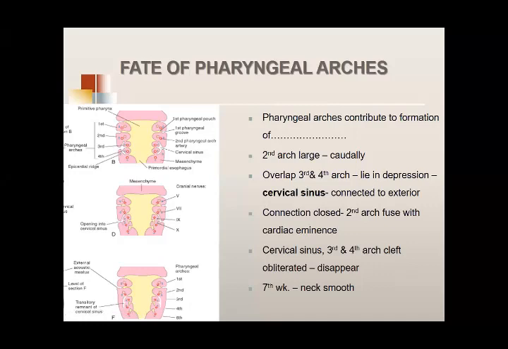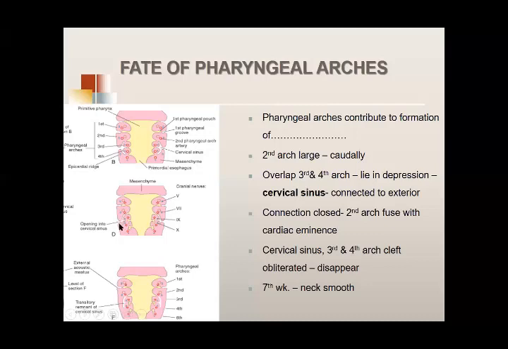But then ultimately, in 6th week में जाके ये जो second arch है, which is growing caudally, this second arch grows further caudally and then ultimately fuses with the cardiac eminence. ये cardiac eminence है, अभी तक cervical sinus है.